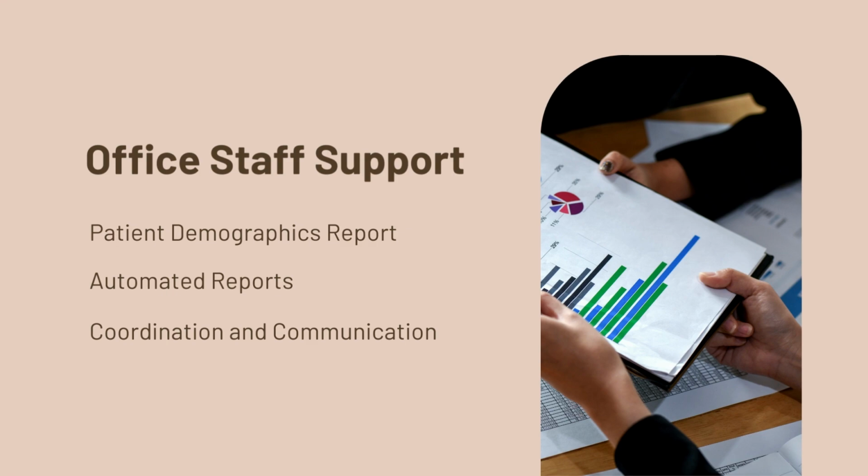They also produce essential automated reports like service notes, patients' fact sheets, and disaster plans. These reports facilitate field staff and management in accessing vital information. Office staff play a pivotal role in maintaining communication between field staff, management, and patients during emergencies.